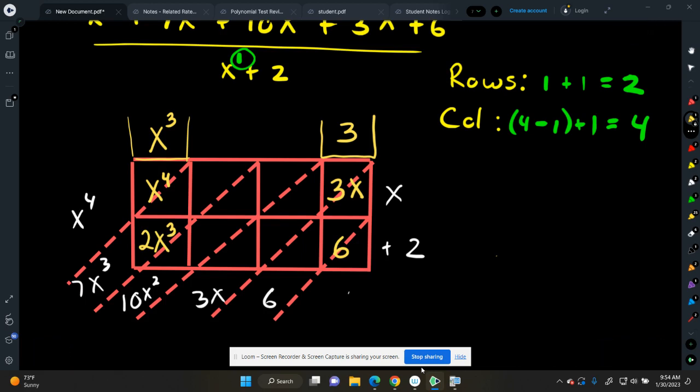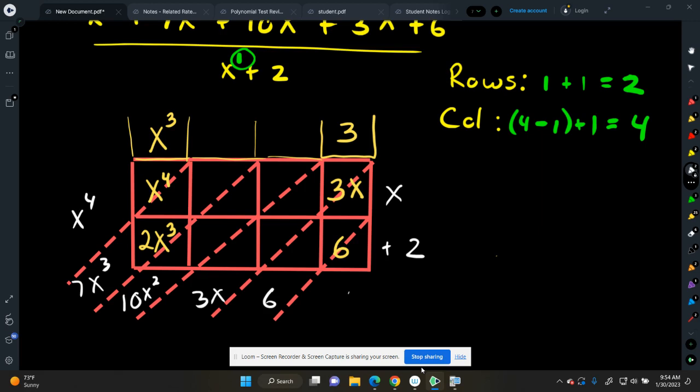Okay, now comes the puzzle making. Because this is a bigger square, we've got a little more thinking to do. I need to figure out what goes in these 2 spots here. So let's look at our diagonal. We need this diagonal to add up to what? 7x to the third. I have 2x to the third.